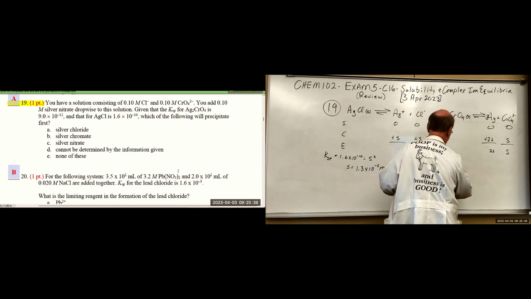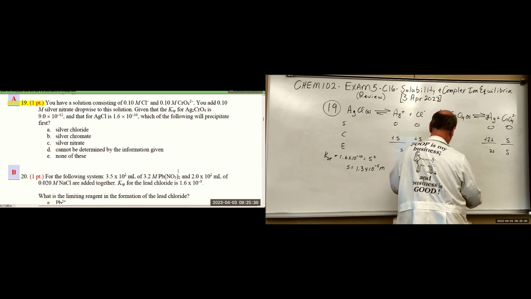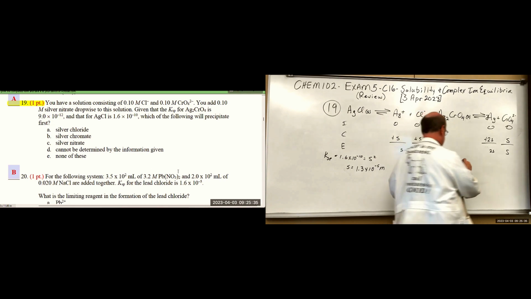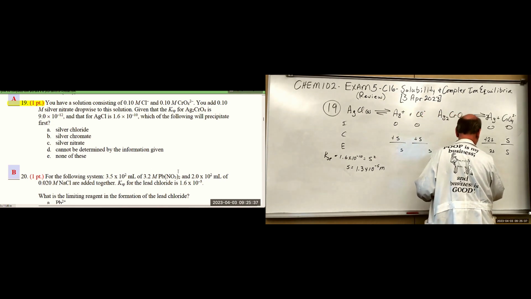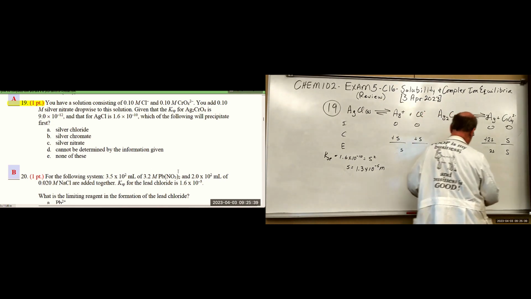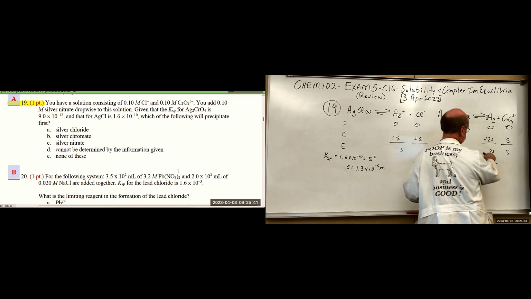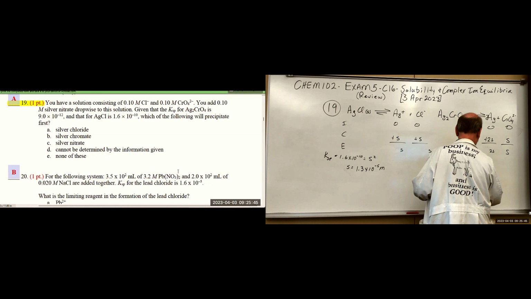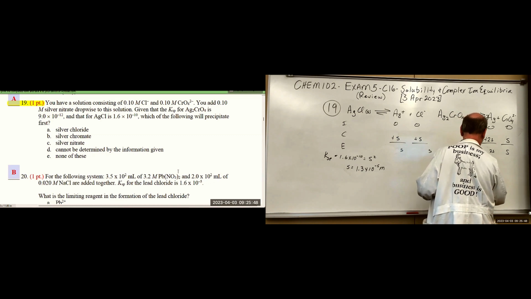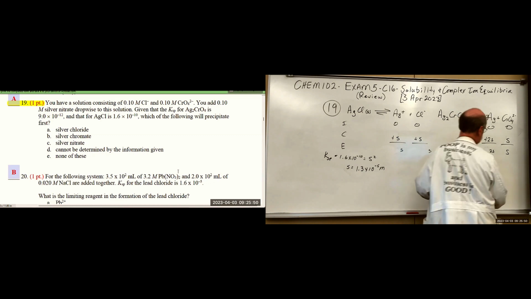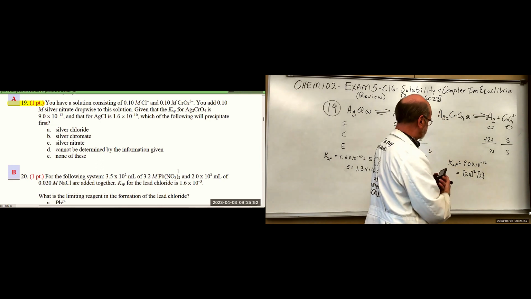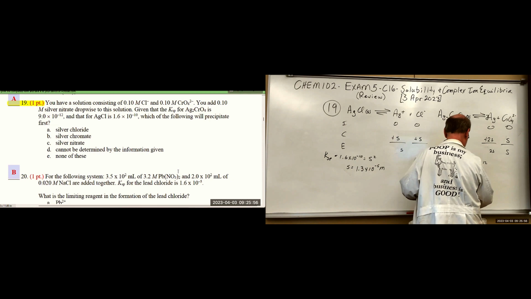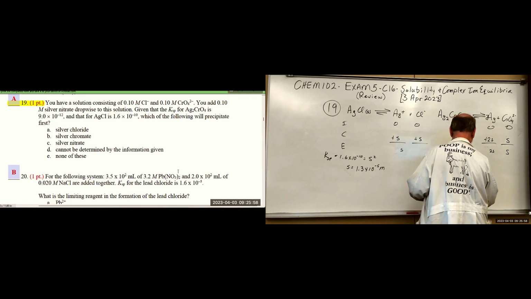And this one is 9 times 10 to the minus 12. That's equal to this one squared, 2S squared times S. Right? Yeah. So this will be 4S cubed.